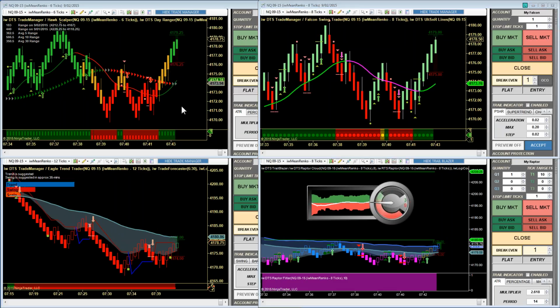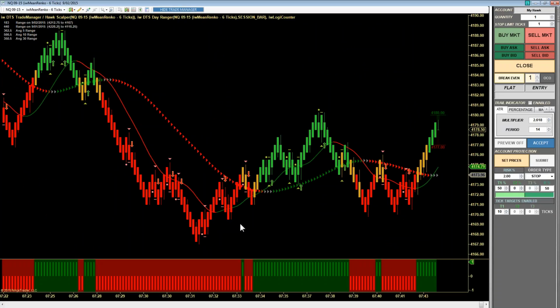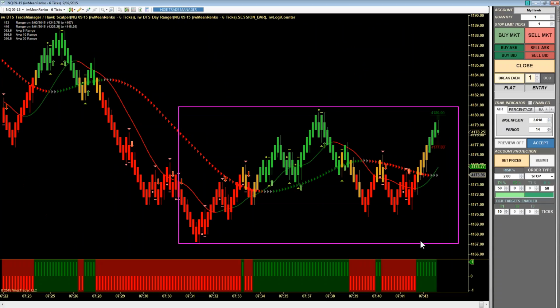Okay, getting a little bit of sideways action going on now. More yellow bars. Getting a little bit of a trading range building. Not much point trying to do anything so long as they're within this range. We'll see if we get a reasonable signal.